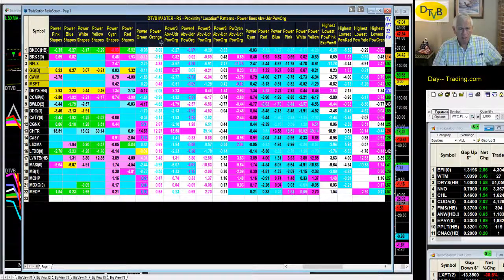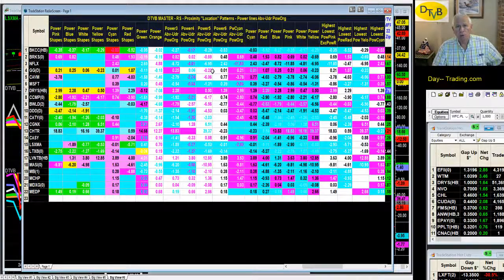Inside of this indicator, over on the left, we've thrown in 5 columns for shapes, and it's just a quick reference point when you're matching up different locations with different patterns.